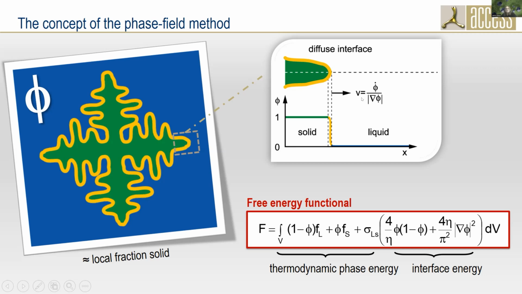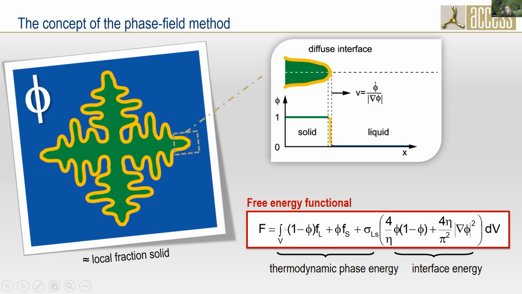To do this in a numerical way, we want to derive it from a free energy functional. So the first step is always that we define our free energy functional, and it looks complicated, but in principle, this is quite simple. We have the thermodynamic phase energies summed up.